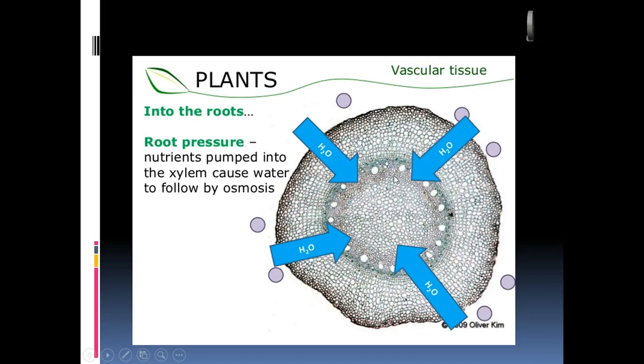So cells surrounding the xylem vessels will use energy to pump solutes across their membrane and into the xylem vessel by active transport. And by doing this, it lowers the water potential of the solution in the xylem vessel, thus drawing in water from surrounding root cells. And since there is a huge amount of water being drawn into the xylem vessels, it will increase the water pressure at the base of the plant.